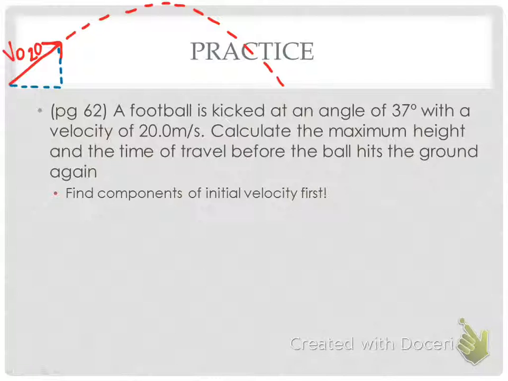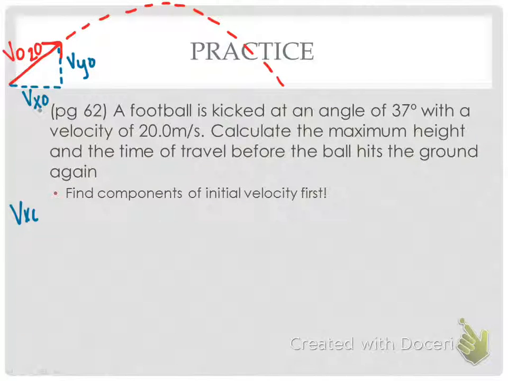This side right here, what would I label this side? V sub y what? Perfect. V sub yo. And this side would be v sub xo. Okay? Those are our initial velocity components. We can't solve this problem without breaking down that initial velocity vector. Okay? So let's go ahead and do that.